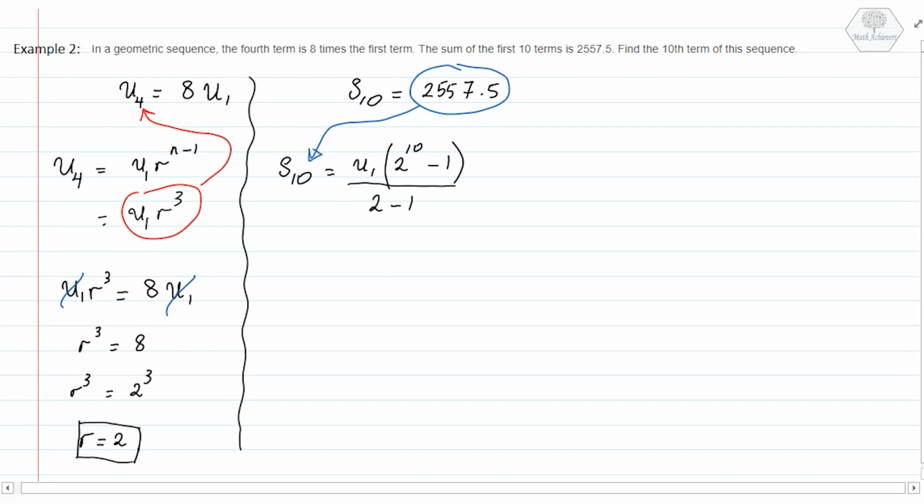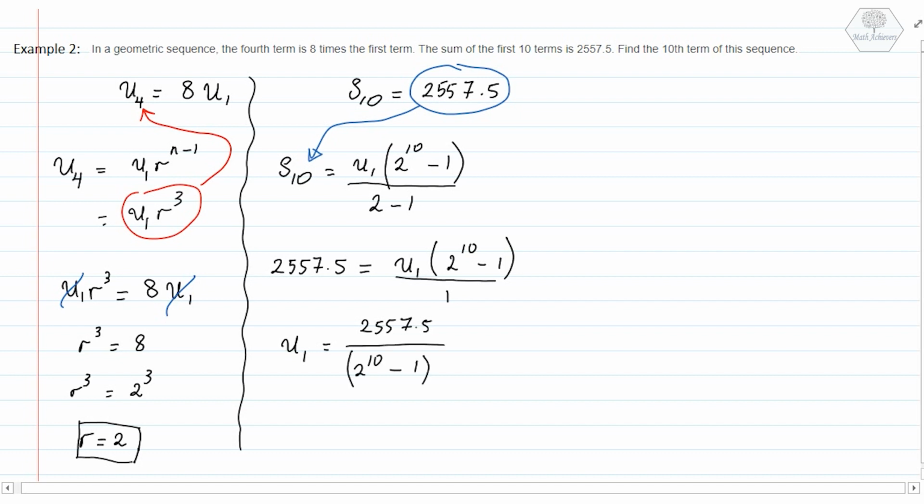So I have 2557.5 is equal to u1 times 2 to the power of 10 minus 1 over 1. Simply, I have to divide by 2 to the power of 10 minus 1 here. So I can find u1 now, which is equal to 2557.5 over 2 to the power of 10 minus 1.